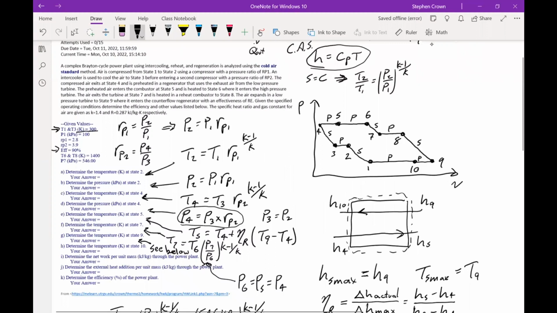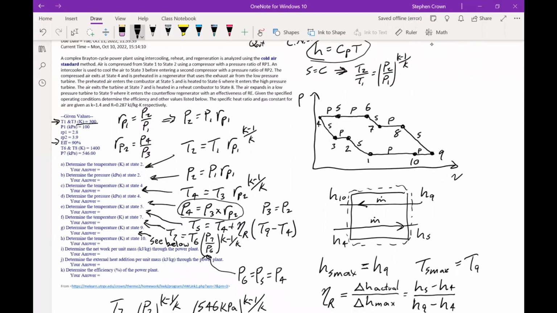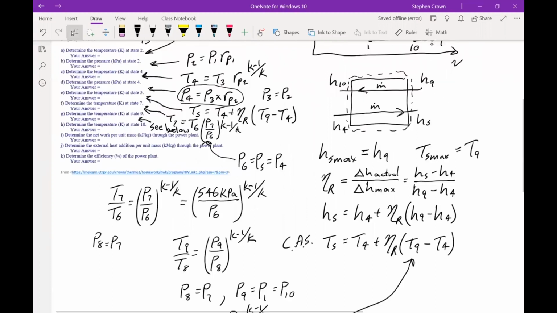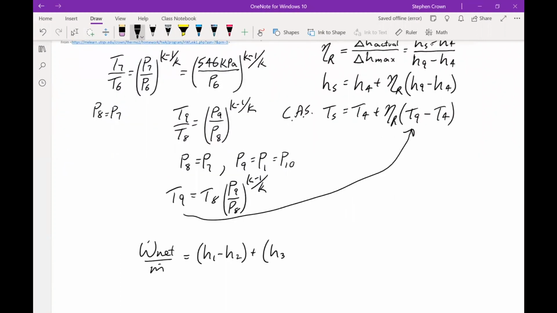So we can write this as, if we want to do inlet minus exit for everything, then we'll add them all up. So H1 minus H2, that would be compressor 1, plus H3 minus H4, that would be compressor 2. So compressor 2, compressor 1, plus the work for turbine 2.